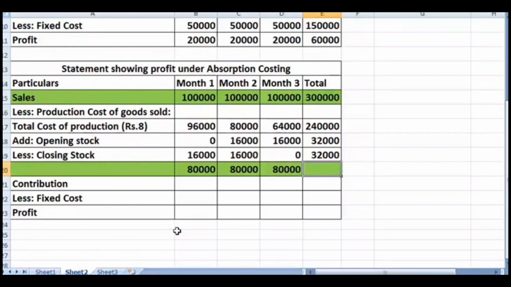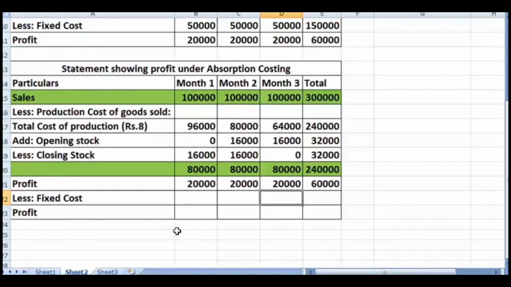And here the total is 2,40,000. Okay, now what is the profit? This is not contribution. Here, profit. So profit 1 lakh minus 80,000 is 20,000, 20,000 and 20,000. Total 80, 80. That means 60,000.